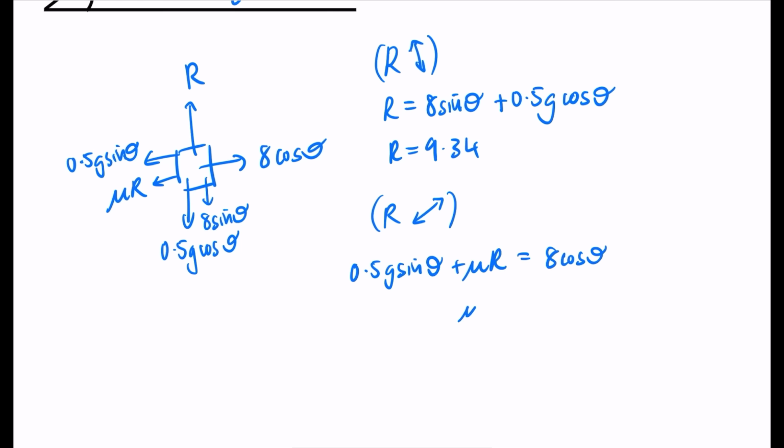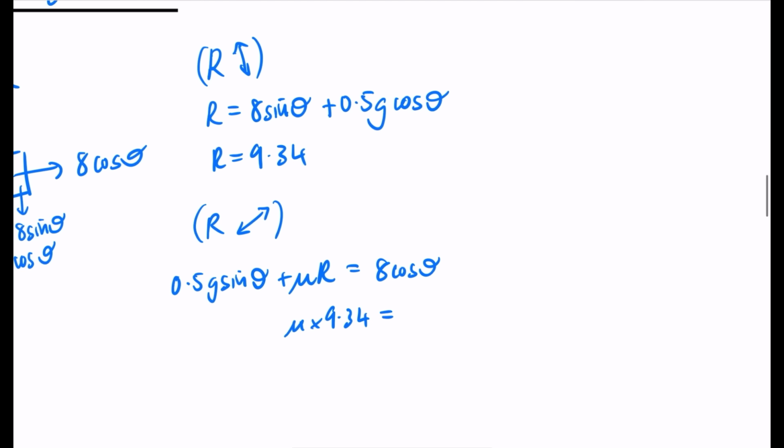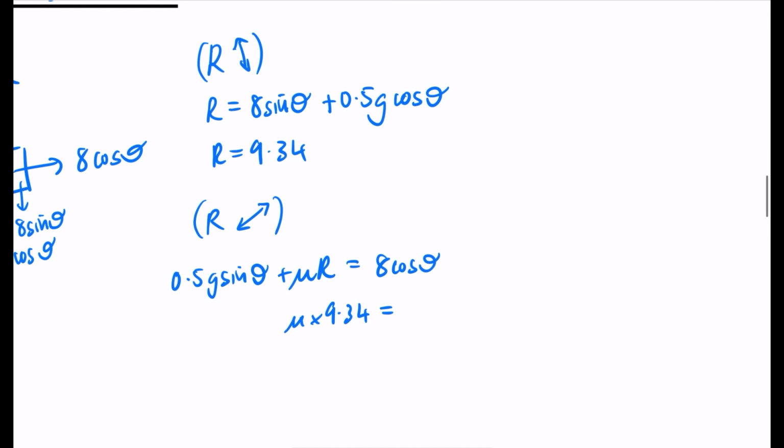So this means that mu times R, which is 9.34, is going to be 8 cos theta minus 0.5g sine theta. 8 cos theta is 8 times 0.6 minus 0.5 times 9.8 times sine theta, which is 0.8, and that is 0.88. Which means my final thing is just to divide by the 9.34 that we have.